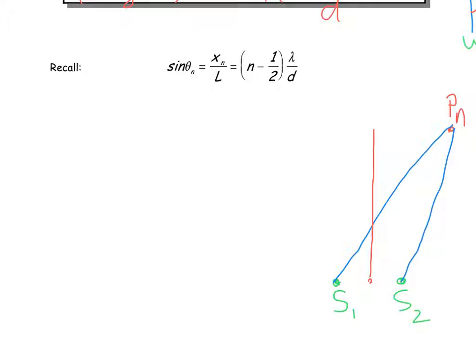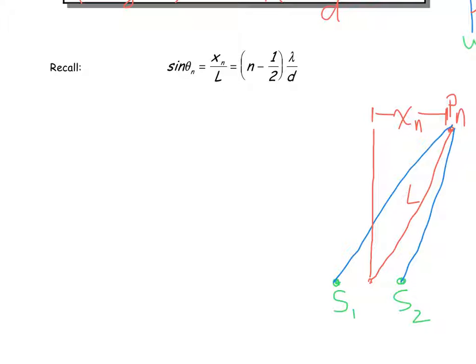No, sorry, I drew that wrong. L is the distance from my midpoint all the way out to that point on the line. There's my L there, okay? And X is my horizontal distance to that nodal line. So that's this guy right there, okay?